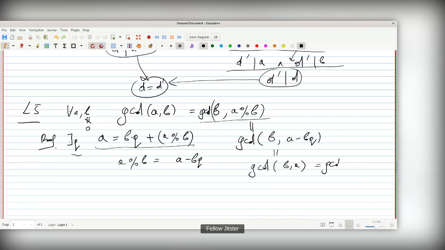They are equal, according to our previous theorem. So here we have moved a few copies of b. This will not change our greatest common divisor. That's all.